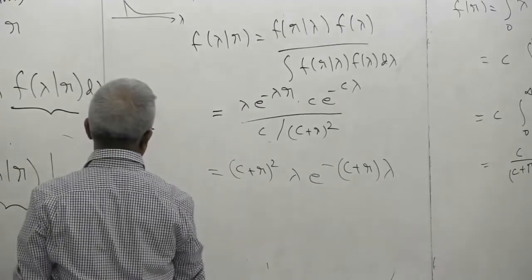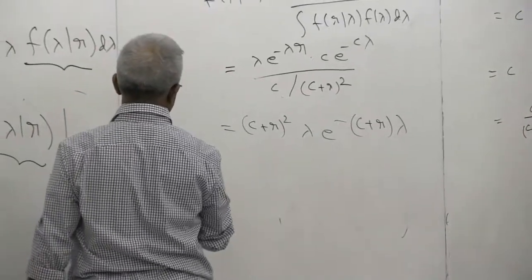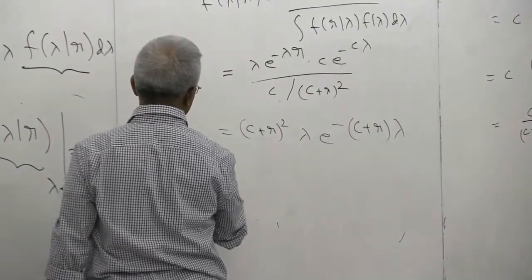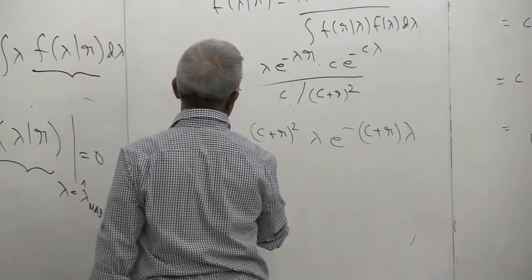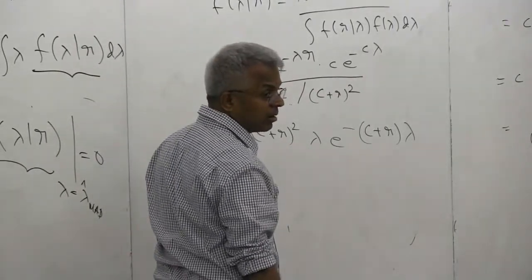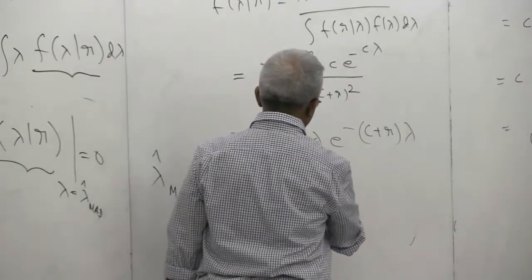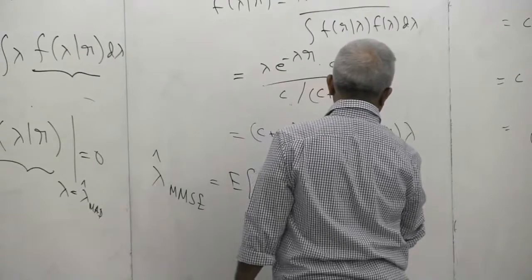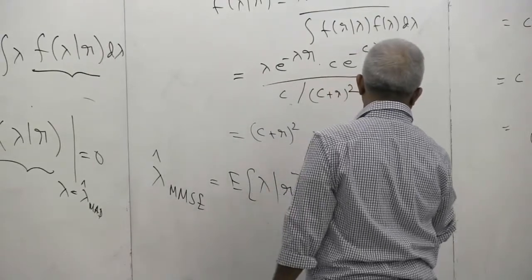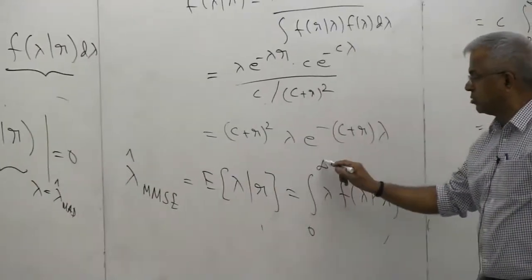Now if you want theta hat or lambda hat MMSE, you need to go home and finish this integral. So that's going to be the expected value, the conditional mean of lambda given the data. So that's going to be integral lambda multiplied by f of lambda given r. But the variable is lambda, goes from 0 to infinity.